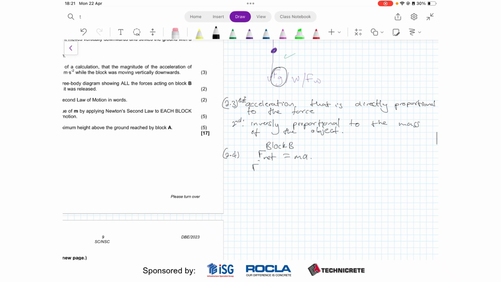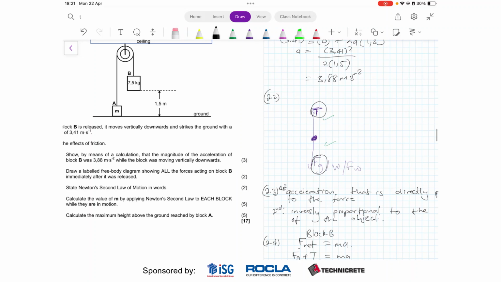Thus, you have Fg plus the tension is equal to ma. Now, remember that we have chosen downwards as positive, and if downwards is positive, then that tells us that mg, which is our force due to gravity, minus the tension is equal to ma. Okay? The mass of block B is 7.5.